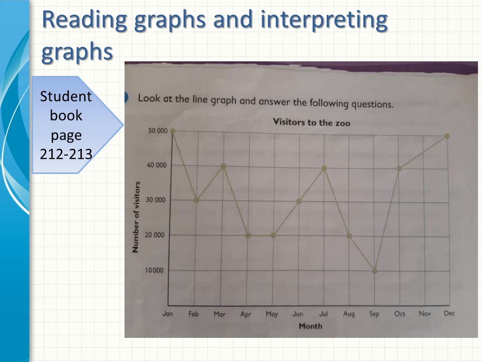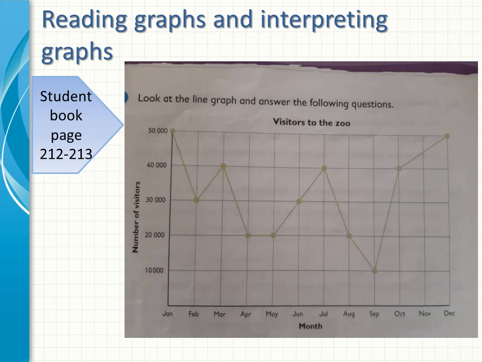We also have 30,000 occurring 2 times, once in February, once in June. And we also have 40,000 appearing 2 times, once in March and once in July. 50,000 equally appears twice, once in January and once in December.